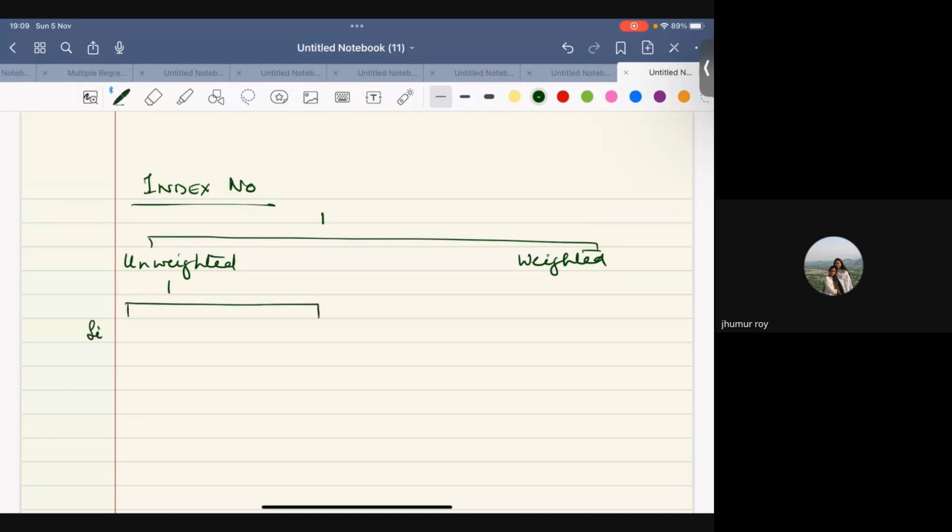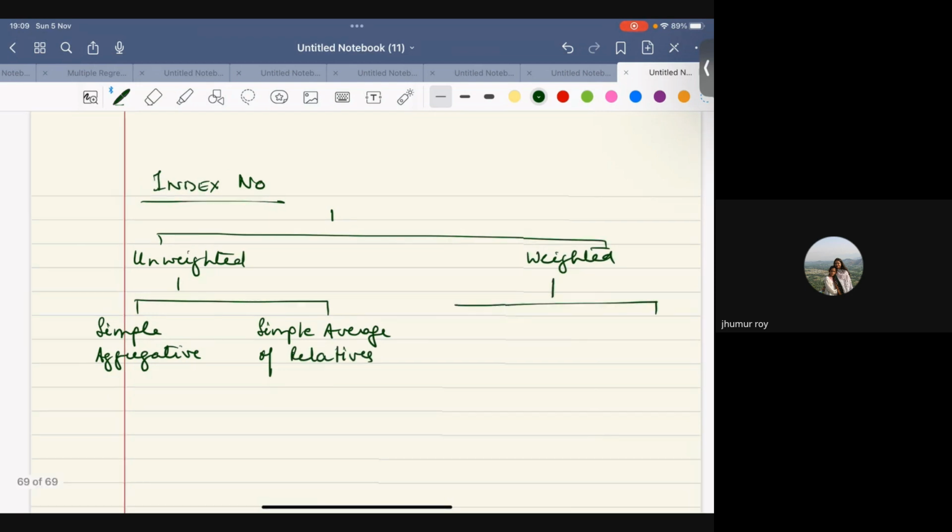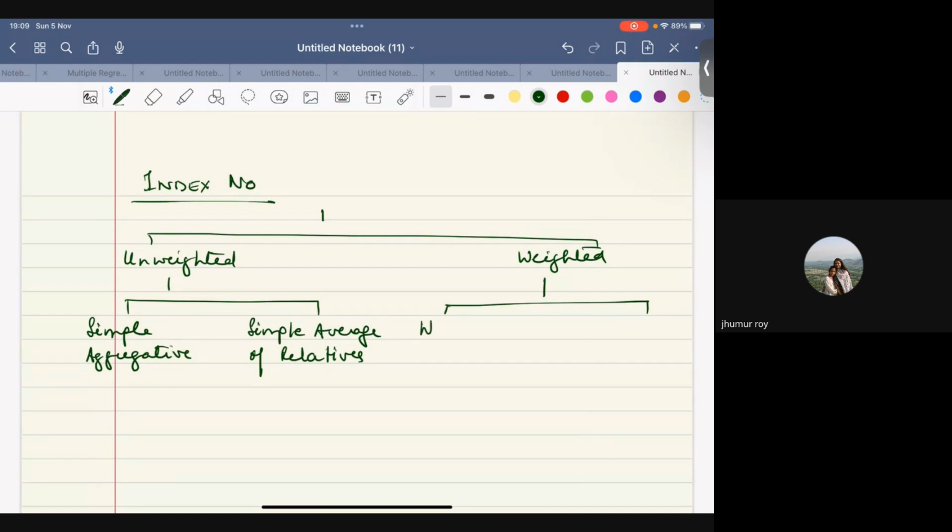We talk about simple aggregative, and simple average of relatives. Under weighted, again, we have two areas. The first is weighted aggregative relatives, and the second is weighted average. Okay, so these are the two main areas which we will be dealing with.